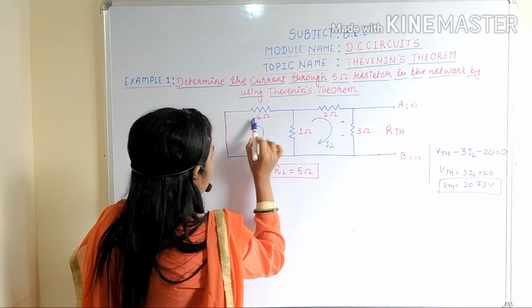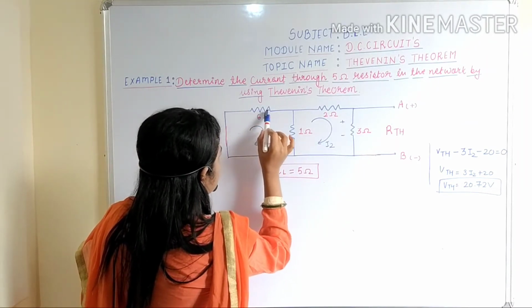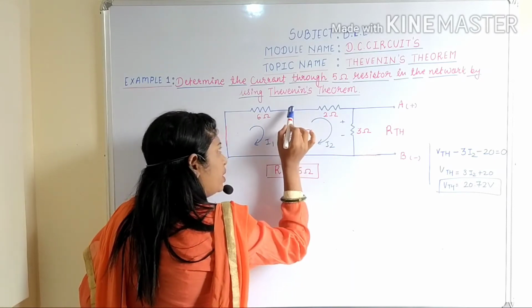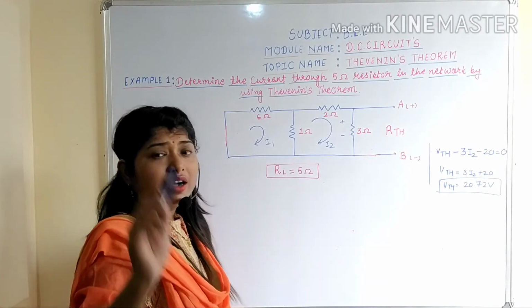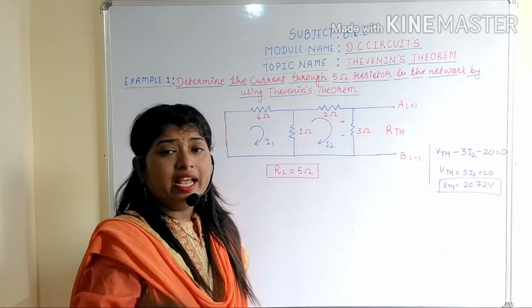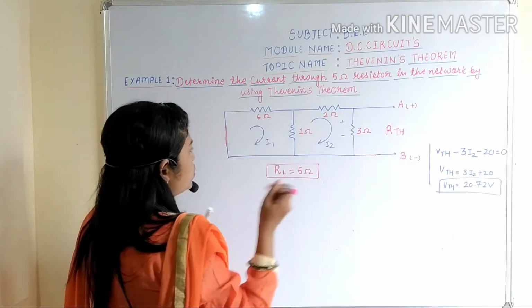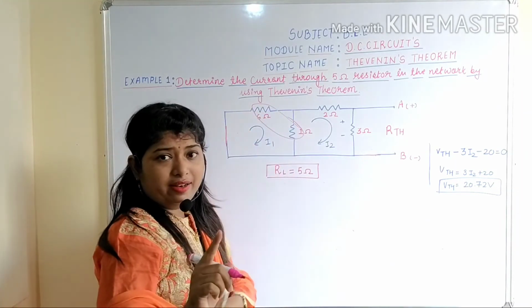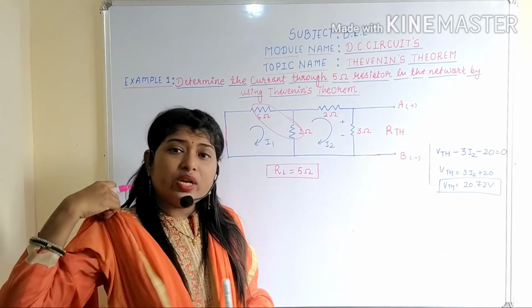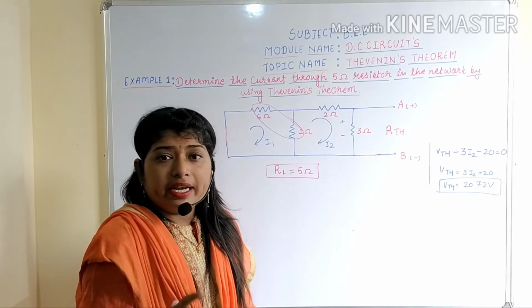Now this 6 ohm, let's consider current flowing through. This is I1. At this particular point, current gets divided. As I told you, if the current gets divided in the circuit, it means that these two resistances are connected in parallel. Am I right? These two resistances are connected in parallel.